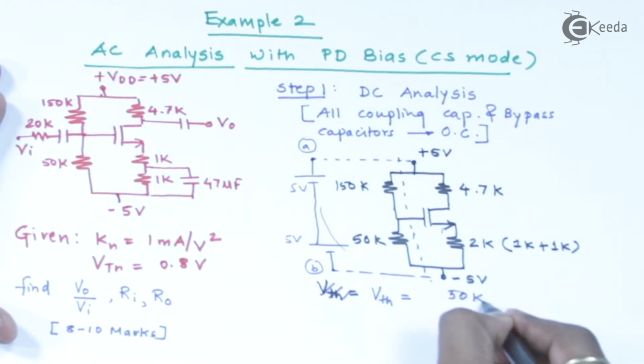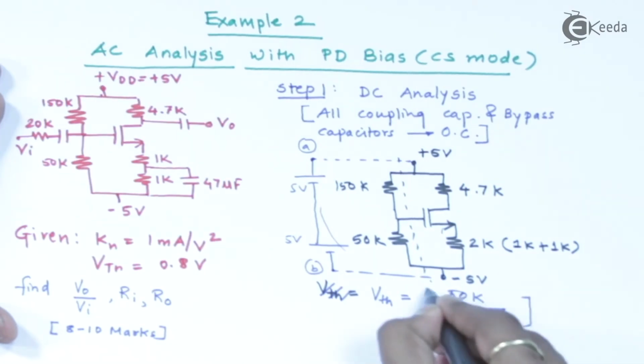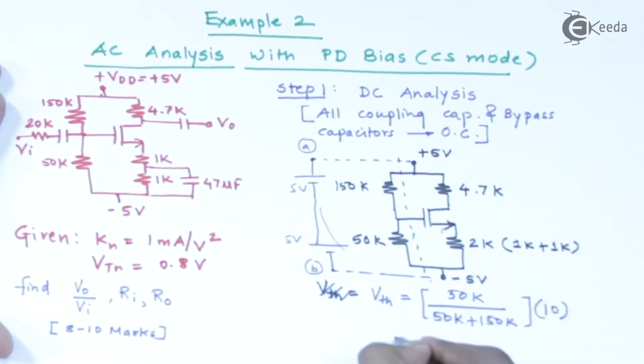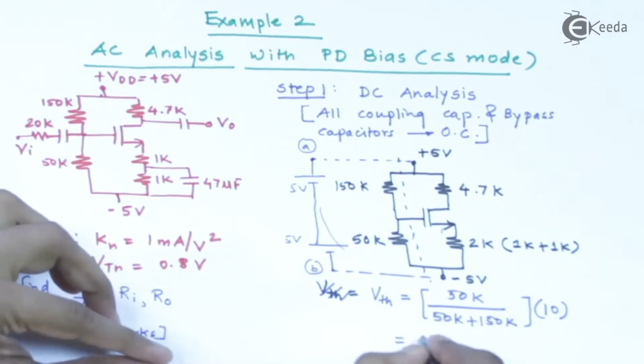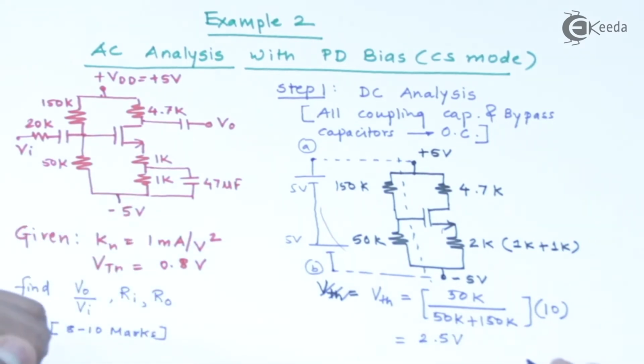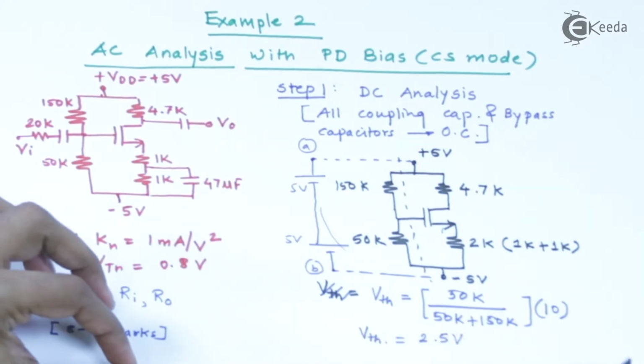VTH is R2 divided by R2 plus R1 multiplied by the value of VDD, which is 10 volts, 5 plus 5, right? And it is coming as 2.5 volts. So VTH is 2.5 volts. Okay, so we have got one parameter, right?